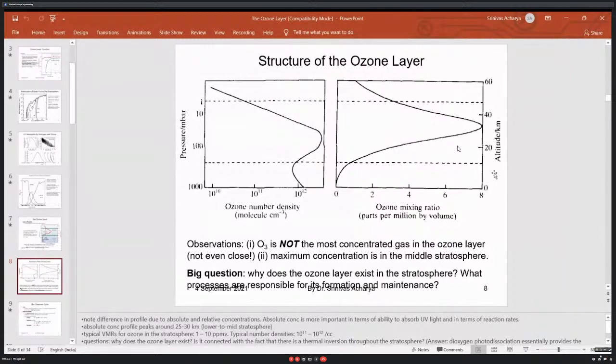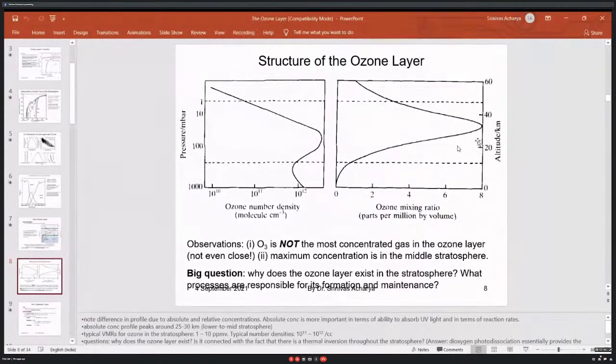Here is showing altitude in kilometers, and here the ozone mixing ratio means the parts per million of ozone by volume. So that will also have a maximum value, 8 ppm, at an altitude of somewhere around 35 kilometers, between 25 to 35 kilometers of height.